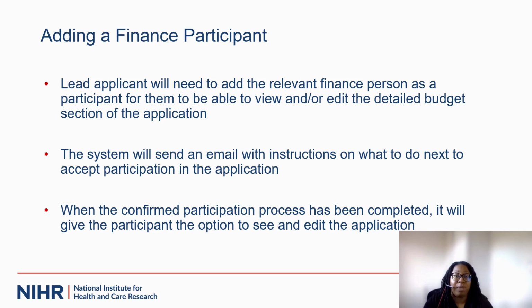The system will send an email with instructions on what to do next to that participant. They will then need to accept participation in the application, and when this confirmation process has been completed, it allows the participant to see and edit that part of the application form. All of this is broken down in the guidance if you need any help with that.